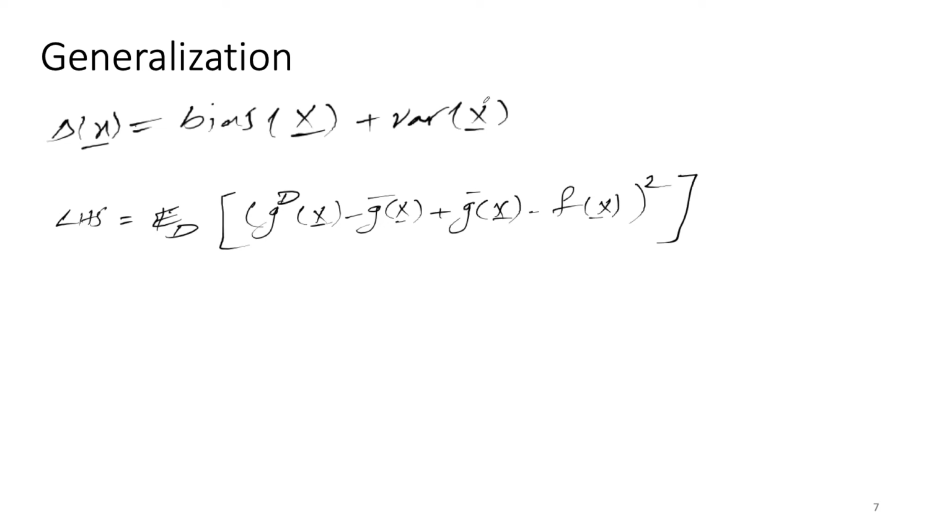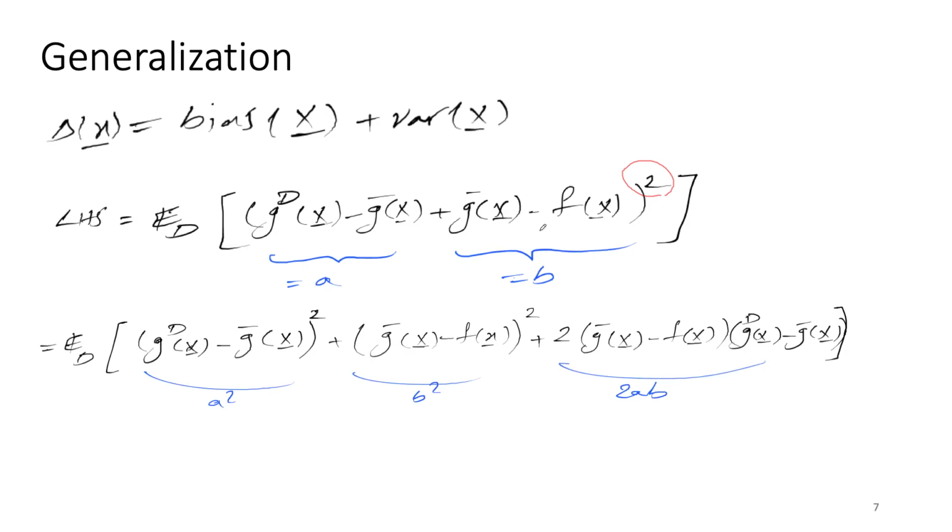In order to expand it, we name the first two components A and the last two components B. So you're going to have A squared plus B squared plus 2AB, right?